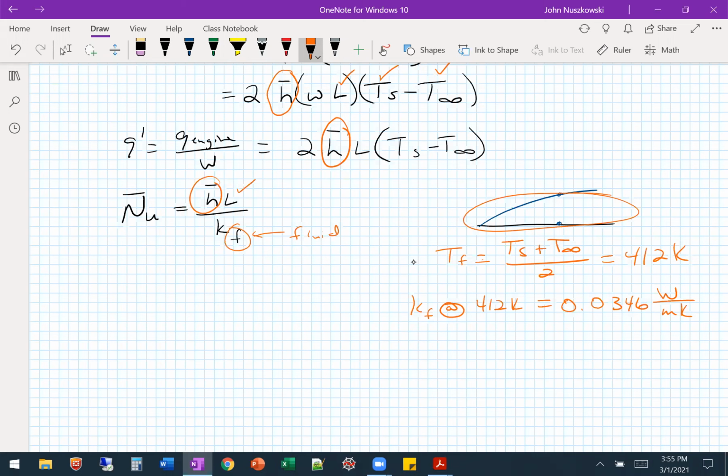So we're still looking for the convection coefficient. So we need to get our Nusselt number. So if we're now trying to find the Nusselt number and we're trying to find our equation for our Nusselt number, what do we think some of the main characteristics are that we need to know to get the right equation for the Nusselt number?